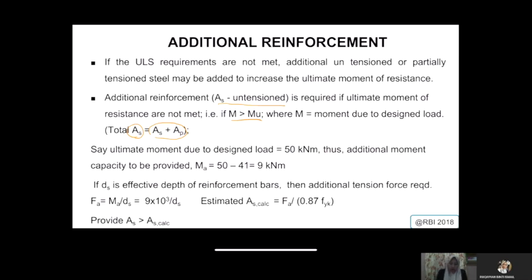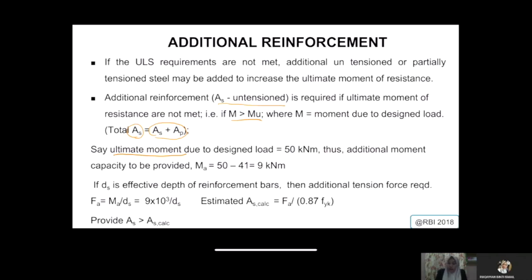So say the ultimate moment, normally due to design load, is given like 50 kilonewton meter. How do you get the ultimate moment for your beam?